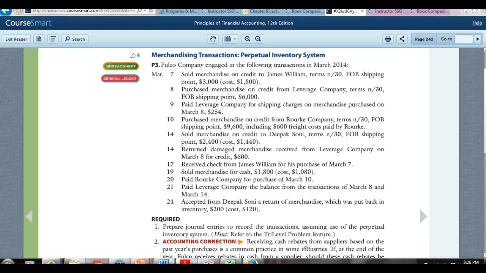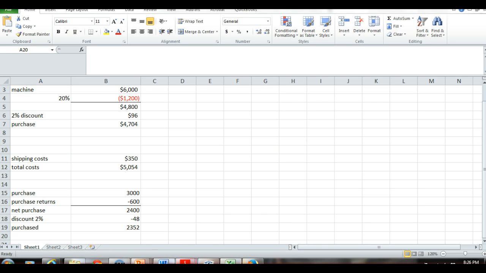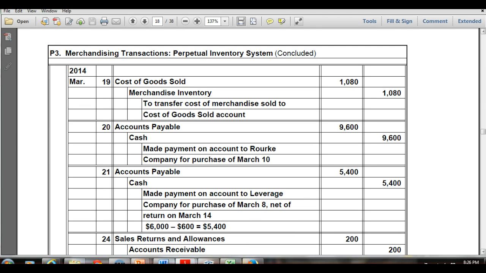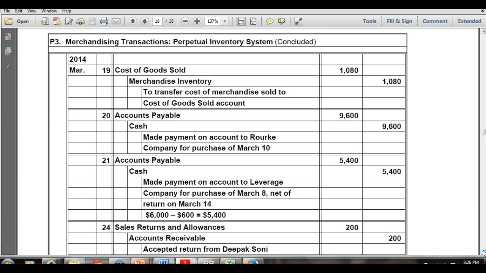We returned 600 of it. So how much do we truly owe them? 5,400. So we would debit accounts payable for 5,400, and we're going to credit our cash for 5,400, aren't we? Right? Okay. Yep.